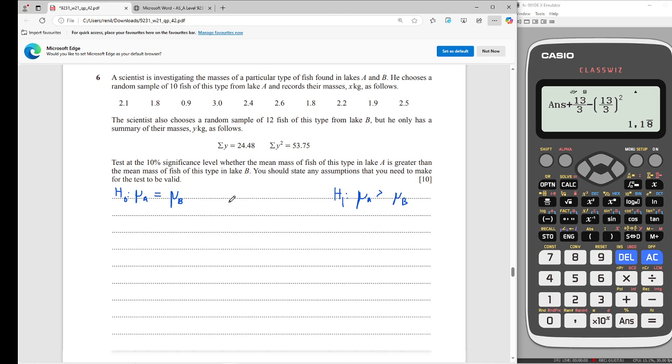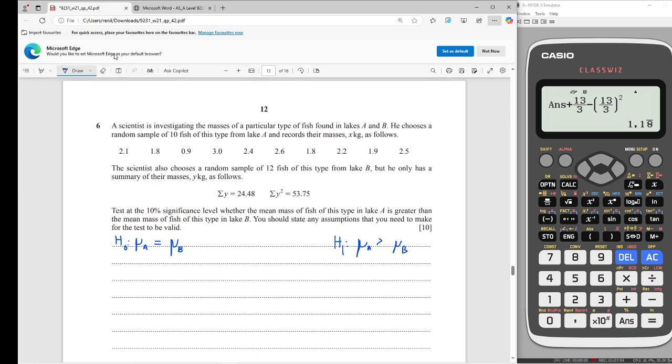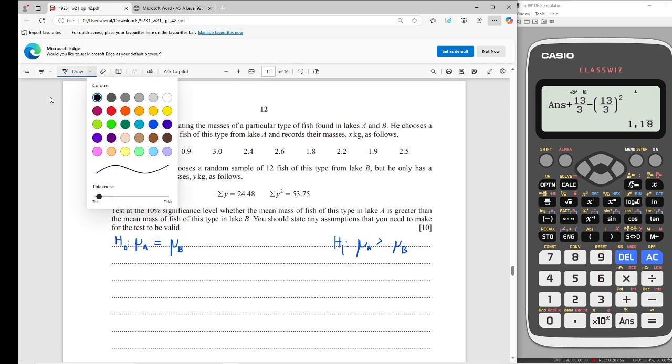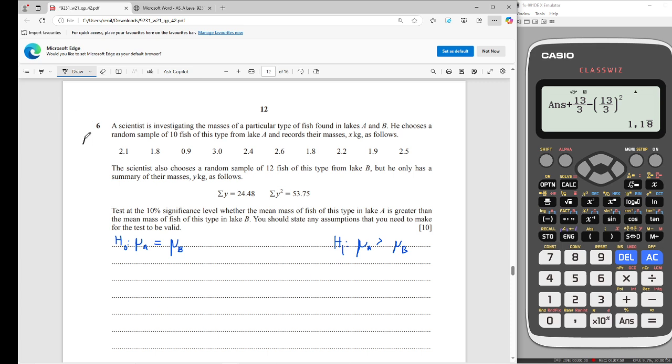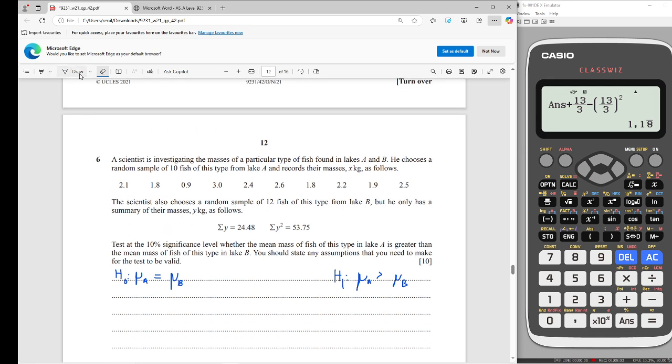Okay, moving on, this is where all the 10 marker process comes in. So we have sum of x. Let's not write that here, let's write on top of the page.